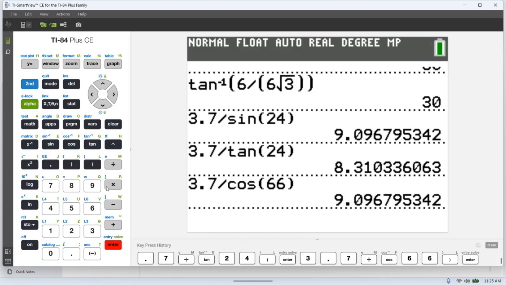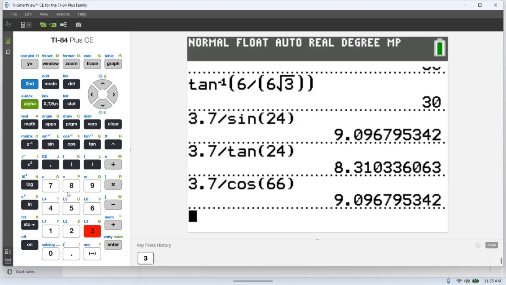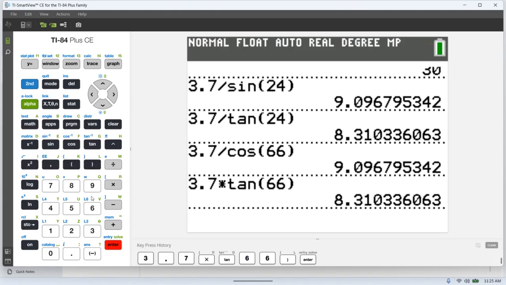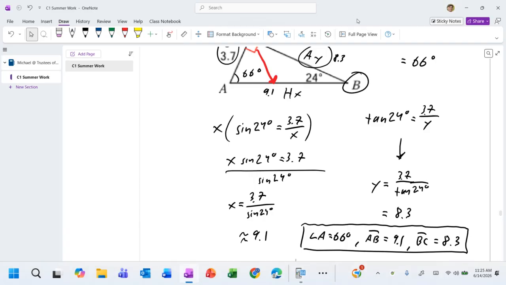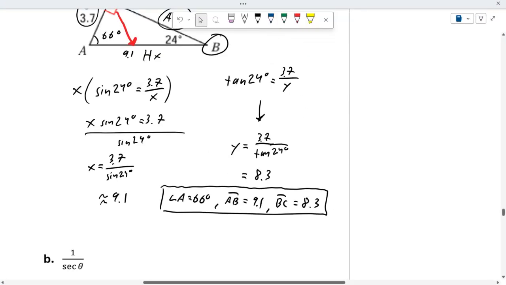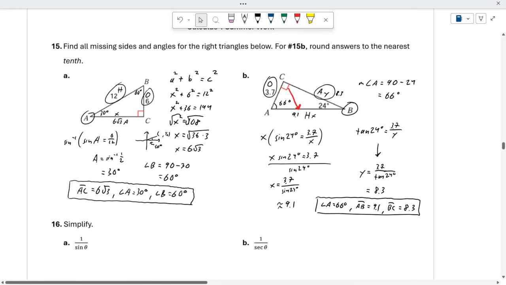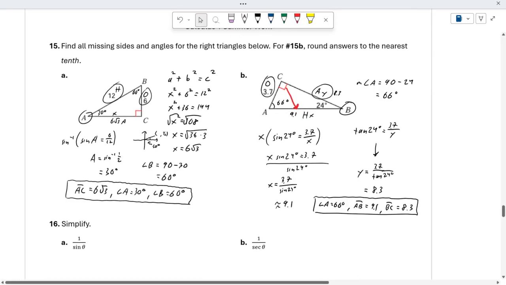And then if you use the 66 on the other one, you would end up getting 3.7 times the tangent of 66. So if you were to use the 66, you'd get the same answers, but you just use some different trig functions. So that is everything for that problem. And so if I zoom out, there are my answers for question number 15.